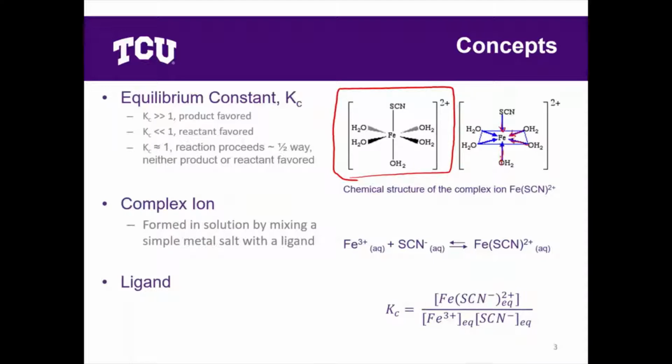So we've got water surrounding your iron, and then your thiocyanate, all coordinating to the iron center. A ligand is a molecule or ion that exists on its own but can bind to a metal ion. So thiocyanate, SCN minus, can absolutely exist on its own, but it can also bind to that metal ion. So it's that whole opposites attract thing.